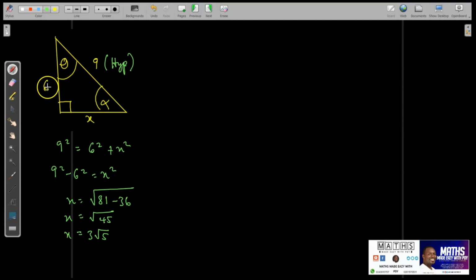Adjacent. So if you want to find theta and use 6 and maybe 9, the rule that you have to think of may change. Or if you want to use 6 and alpha and 9, the rule might change. So you should know what you are looking for and which position each side is assuming. So the 6 can assume adjacent when it comes to theta, and the 6 can assume opposite when it comes to alpha. Are you with me?